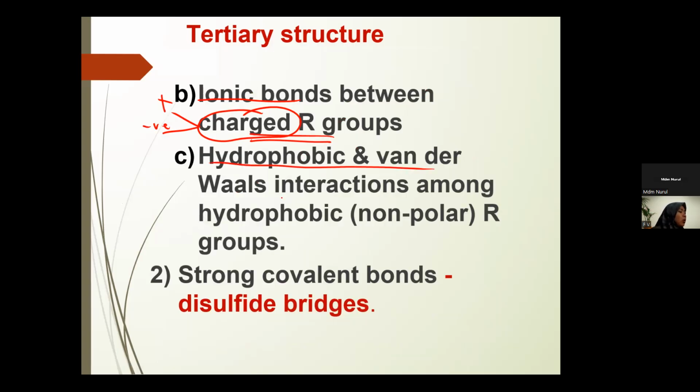Hydrophobic and van der Waals interaction happens among hydrophobic or non-polar R groups. R group yang non-polar berjumpa dengan R group yang non-polar, so dia akan membentuk ikatan hydrophobic and van der Waals interaction.